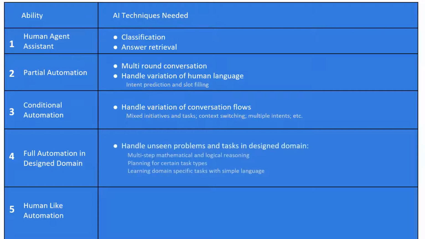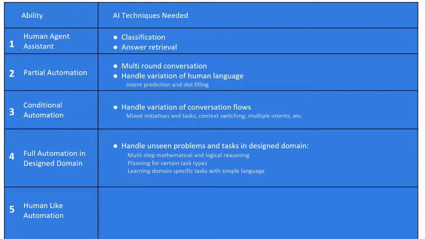For level 4, the virtual assistant needs to be able to handle unseen problems and tasks in the design domain. That means the virtual assistant needs to have the ability to do multi-step mathematical and logical reasoning, do some planning for certain tasks.